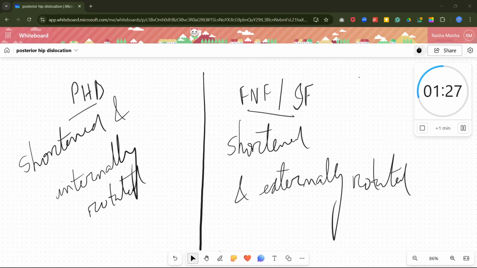There is one more confusion, between anterior hip dislocation and posterior hip dislocation.